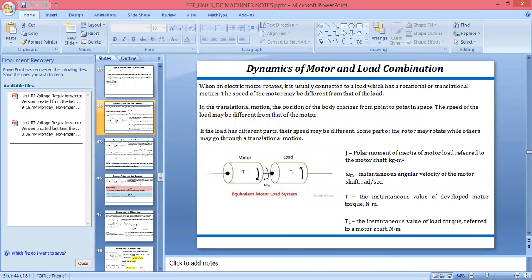So when you give the electrical energy to the motor, at that time the motor will start to rotate.